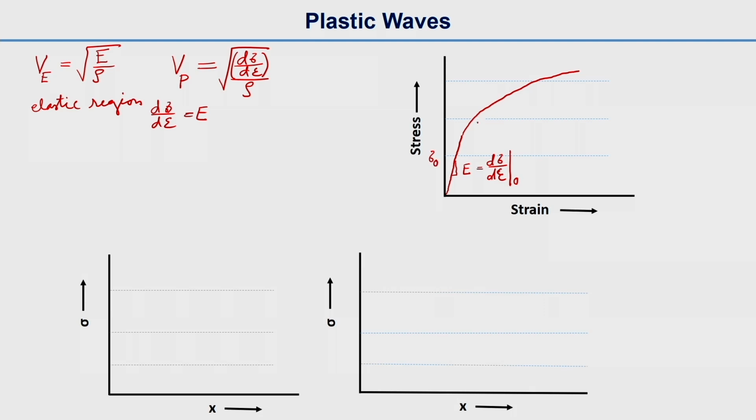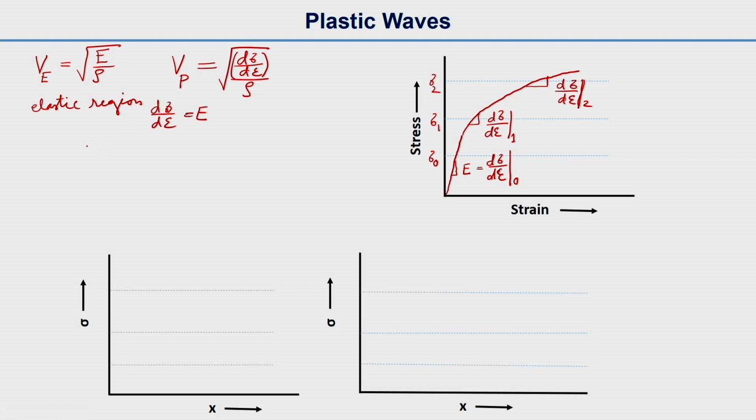Then we will have another slope, at sigma 1, in the plastic region, d sigma d epsilon at 1, and then at sigma 2 the slope here is less, d sigma d epsilon at 2. So for the elastic region this is the slope, and for the plastic region we got two slopes for sigma 1 and sigma 2. The first slope is higher than the other slope.